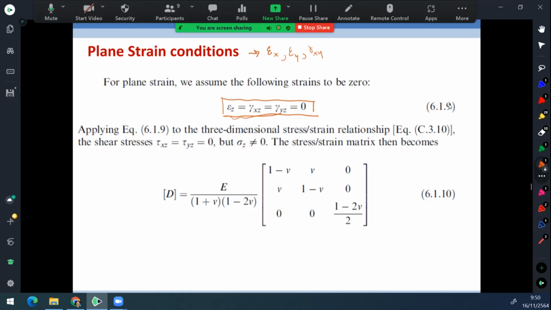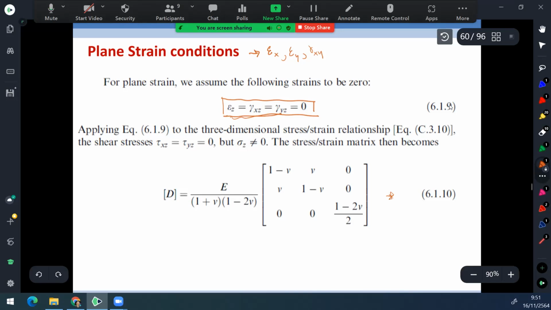So we reduce it directly for the right hand side, and we can find sigma x, sigma y, and sigma z directly. It is not necessary to rearrange the equation from three-dimensional, and you will see that the terms are very close to the three-dimensional case, where we just eliminate the terms for plane strain. That is the case of plane strain.